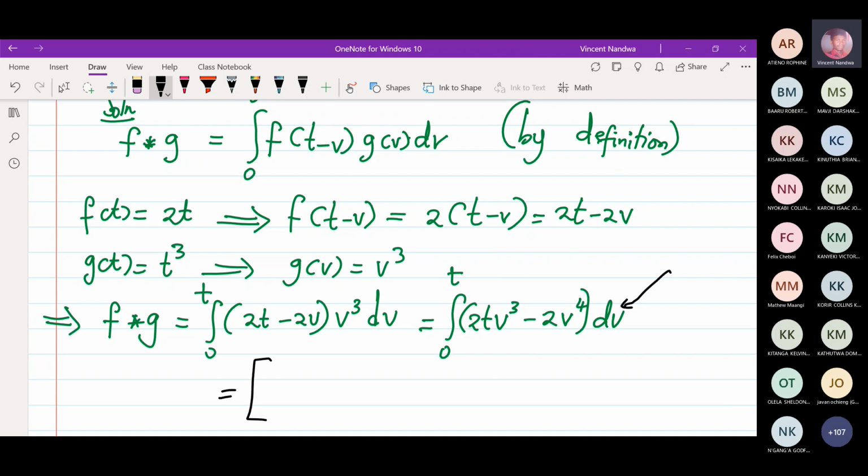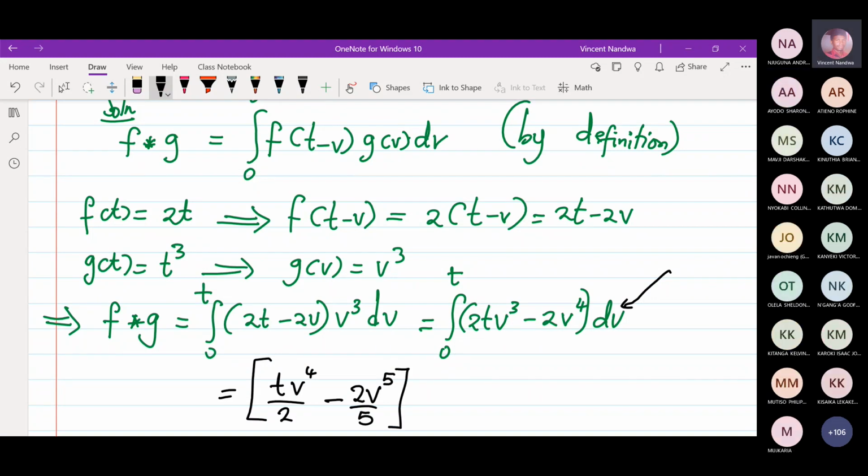So by power rule, the integral will be given by t v power 4 over 2, because 2 divided by 4 is a half, minus 2v power 5 over 5.